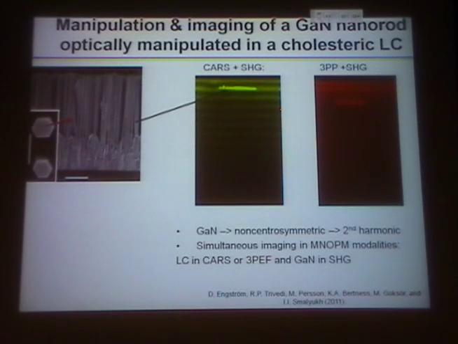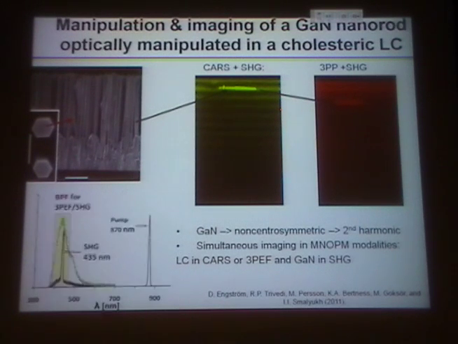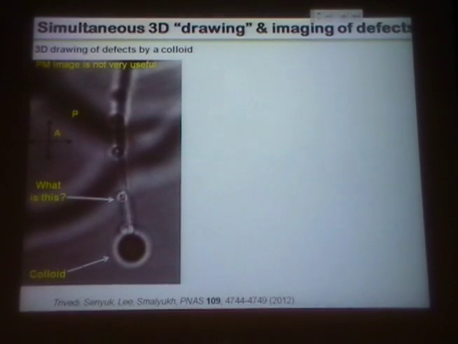Second harmonic generation comes from the gallium nitride particles, which have a non-centrosymmetric structure. In this case, the liquid crystal is visualized using three-photon self-fluorescence imaging, while the particles are visualized by means of the second harmonic generation signal, and those are the spectra that correspond to them.